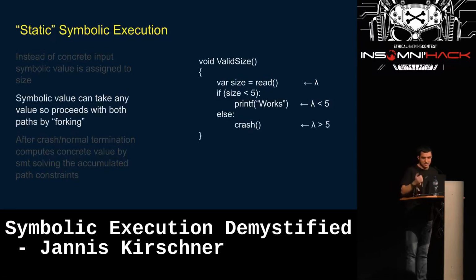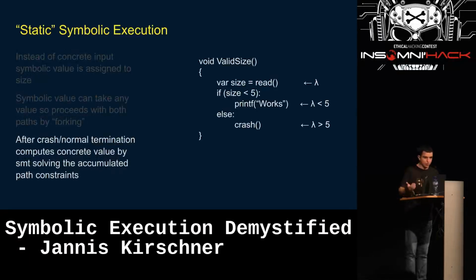In this case, that size, your input, has to be smaller than 5. If at any point your binary terminates, either via a crash or via normal termination, it takes those constraints it has accumulated over time, and it solves them via an SMT solver. So you get a concrete example back.